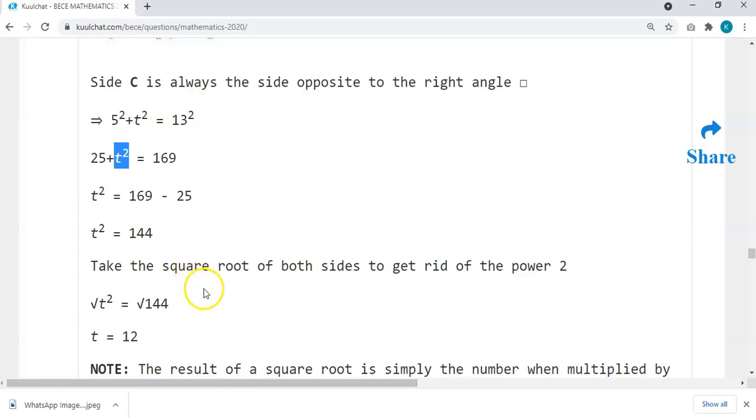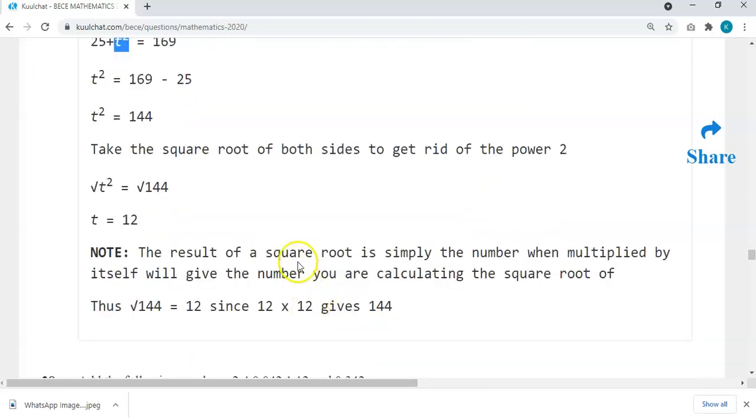Then you move to 3. 3 times 3 is 9, so the square root of 9 is 3. Then you move to 4. 4 times 4 is 16, so the square root of 16 is 4. Then you move to 5. 5 times 5 is 25, so the square root of 25 is 5, and so on.